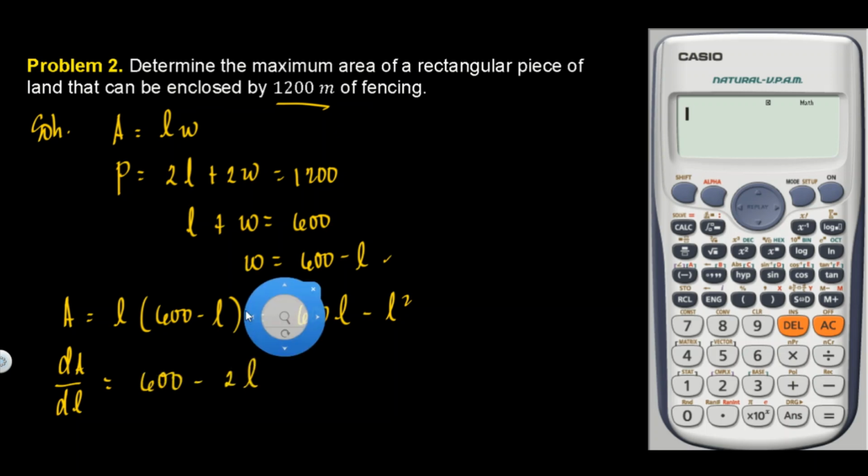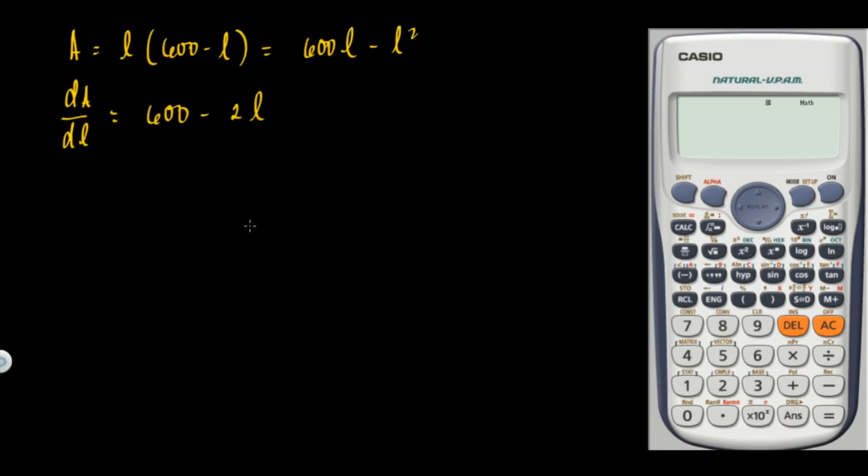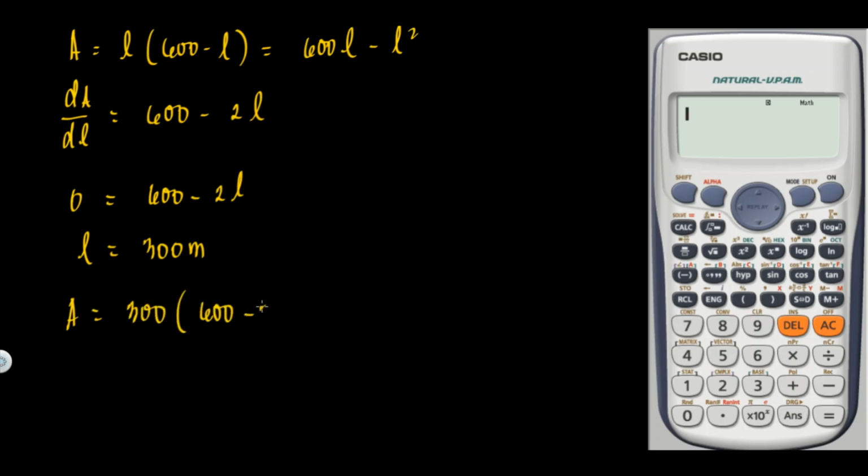Okay, then next step is to equate this to 0 or set dA over dL to 0. 0 equals 600 minus 2L. Then solve for L. L is 600 over 2 or 300 meters. When L is 300, A is equal to 300 times 600 minus 300. Or 300 times 300, the area is equal to 90,000 meters square.